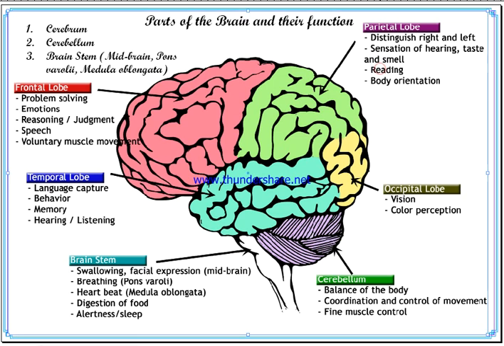Okay, and reading. The parietal lobe is related to reading. That is why some people learn faster by reading, some people learn faster by listening, and some people learn faster by vision, by watching. That is related to which part of your brain is more active.